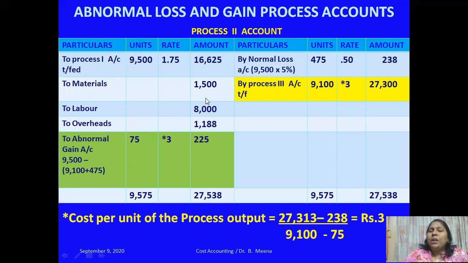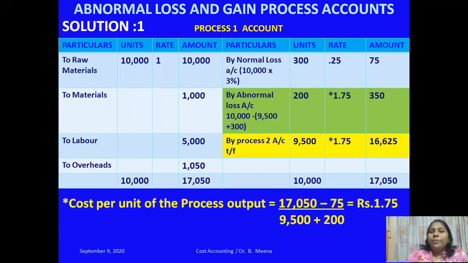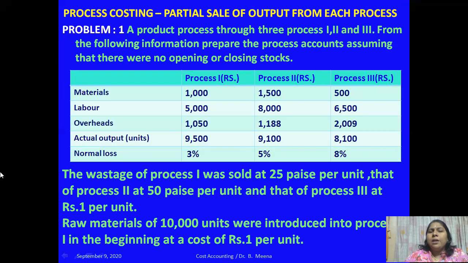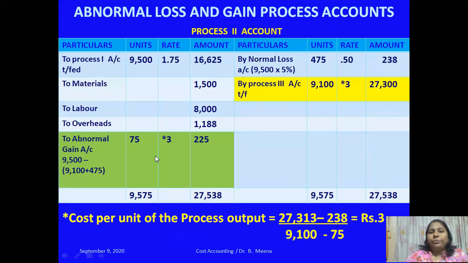And as usual, look into the problem for the expenses given for process 2. So 1,500 for materials, 8,000 for labor, and 1,188 for overheads. The same thing I showed here. So 1,500, 8,000, 1,188.